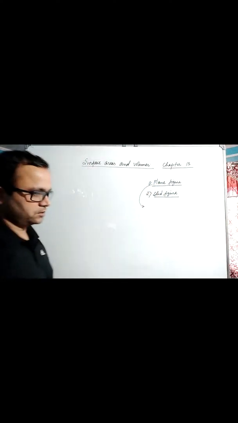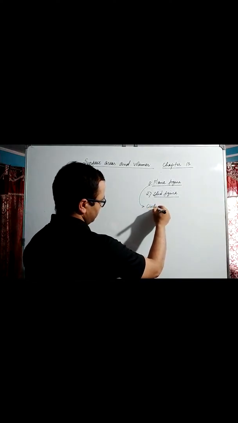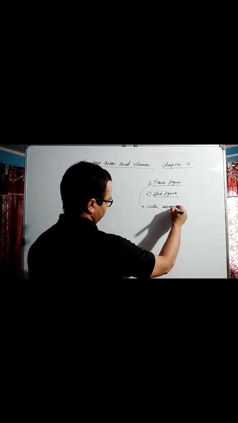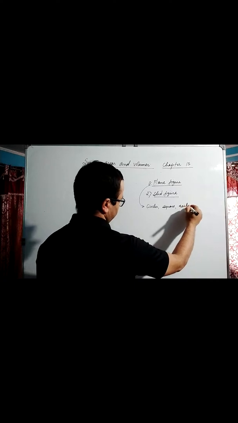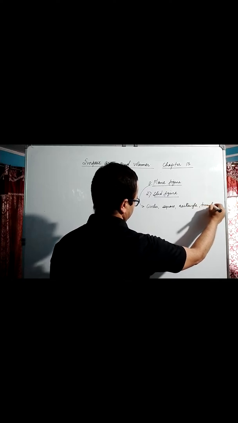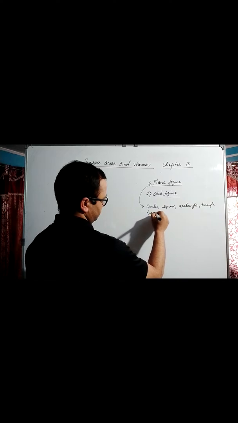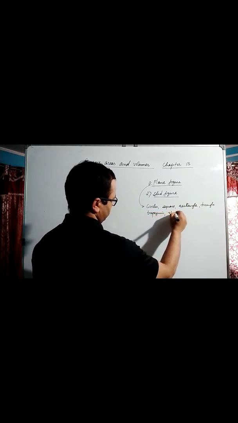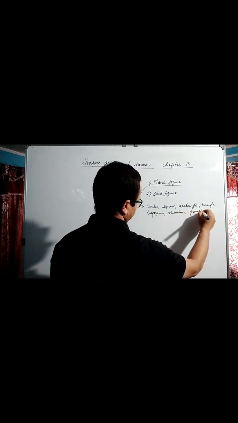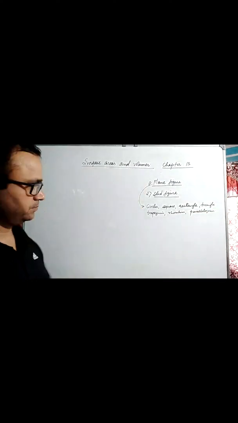So what are plane figures? Plane figures are circles, squares, rectangle, triangle, trapezium, rhombus, parallelogram, etc. These are the plane figures.